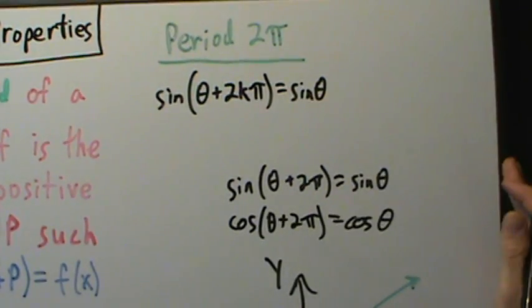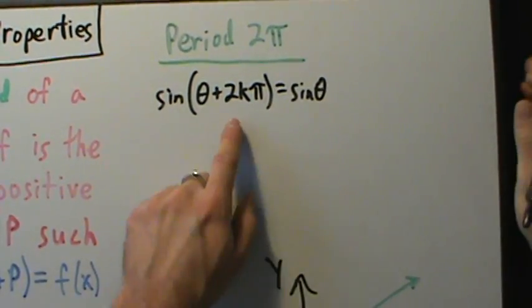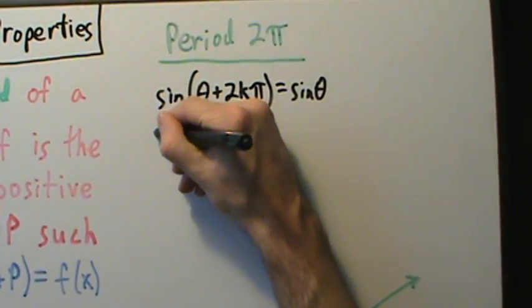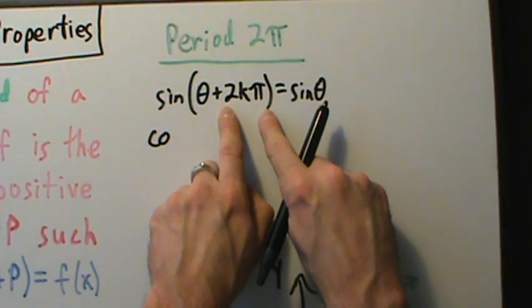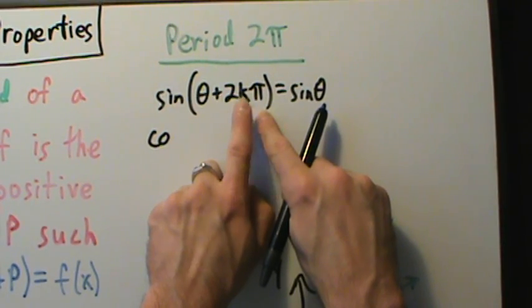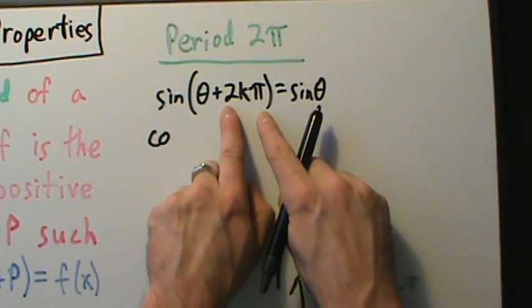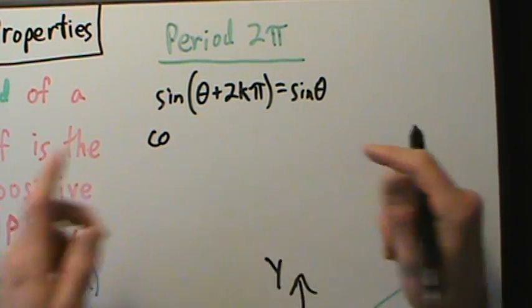Remember this k, I think we talked about in an earlier video. K is just any integer. So what that means is just take any multiple of 2 pi. Take 2 pi and multiply it by k. That's going to give you some multiple of 2 pi, meaning 4 pi, 6 pi, 8 pi. K could be negative, so it could be negative 12 pi, negative 14 pi, negative 2 pi, negative 4 pi, etc.